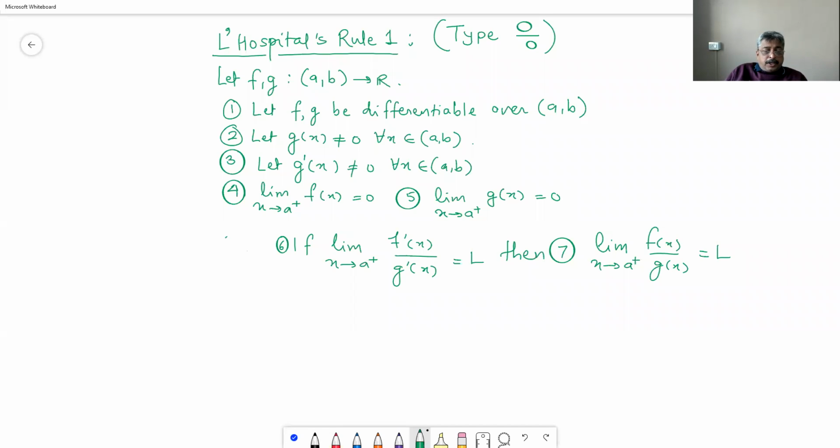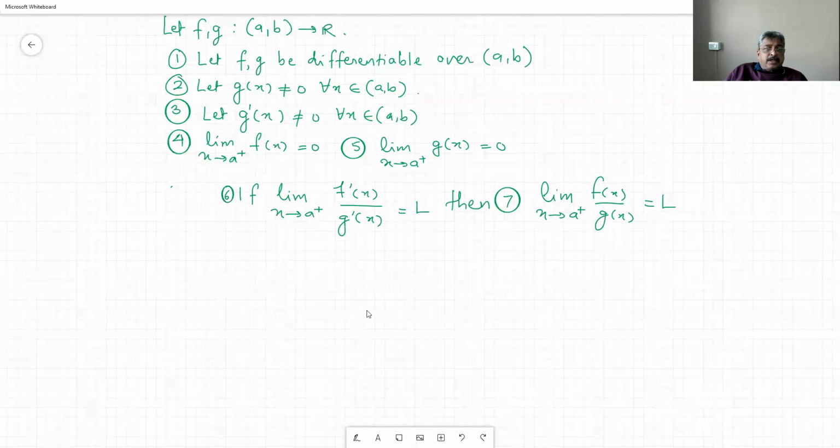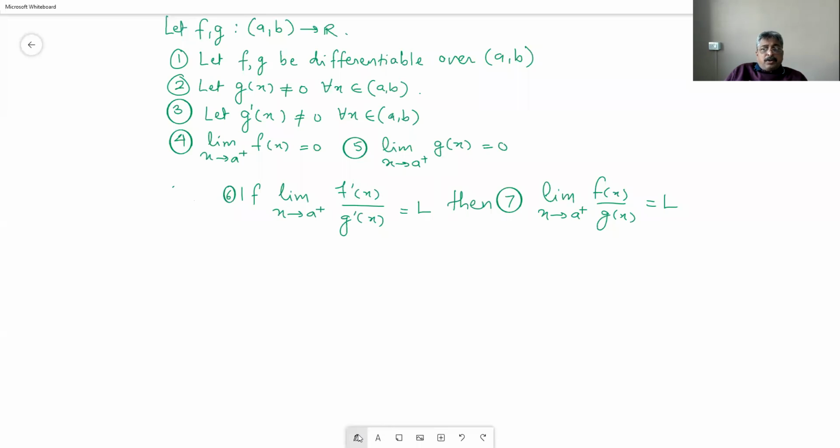Okay, let us write the proof. Now, as I said, the hint is we have to apply Cauchy's mean value theorem. So we need to know what the prerequisites of Cauchy's mean value theorem are. The prerequisites are simple. Functions f and g must be continuous on closed interval a comma b and differentiable on open interval a comma b.